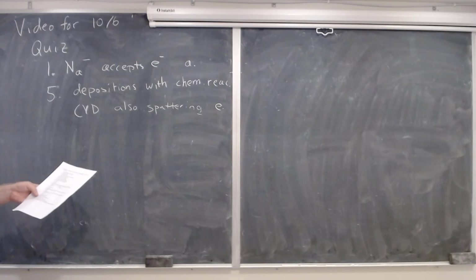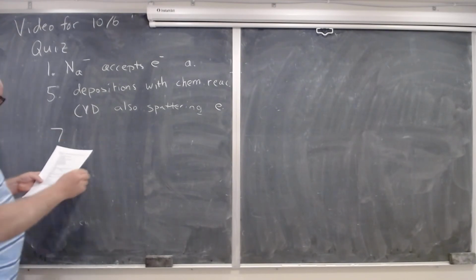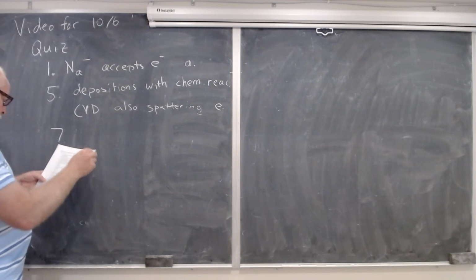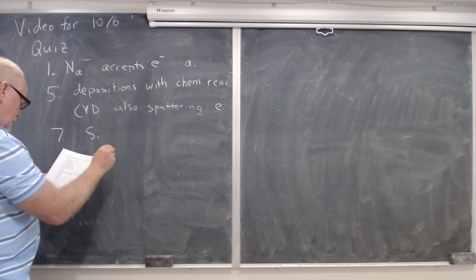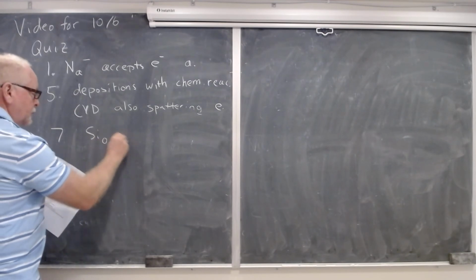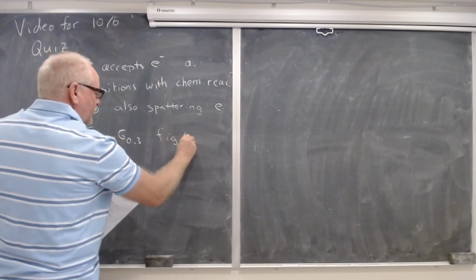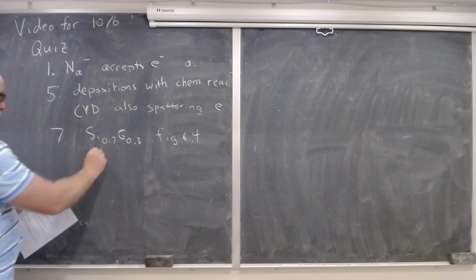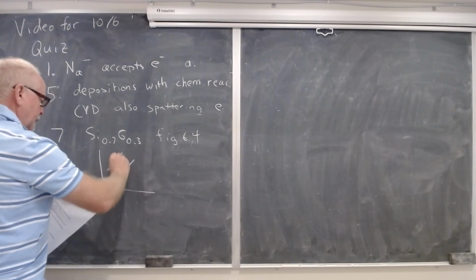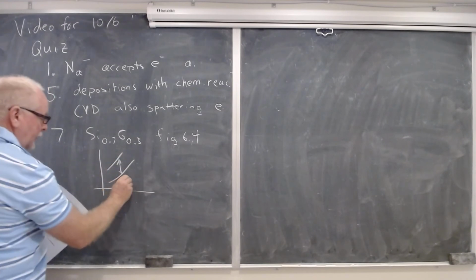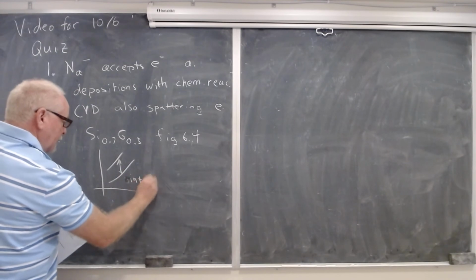So the answer was E, B, and C. Number 7 was on strain growth. You have silicon, and I used germanium at 30% content, and you were supposed to refer to figure 6.4, which shows the crystal is intact in a certain range.